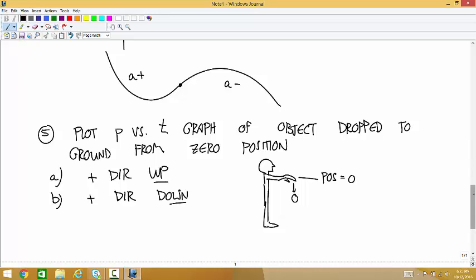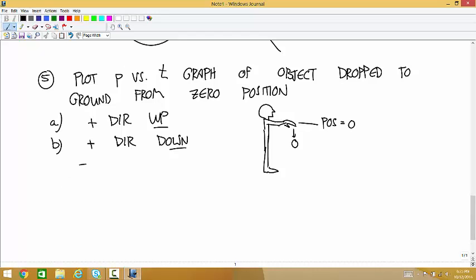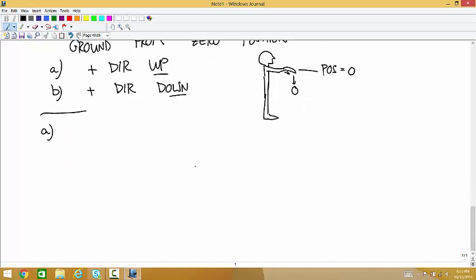All right, so in the first case, if the positive direction is up, then the acceleration is going to be negative. It's going to start at the 0 position, and it's going to start with a 0 velocity because it's being dropped, and then it's going to accelerate in the negative direction.